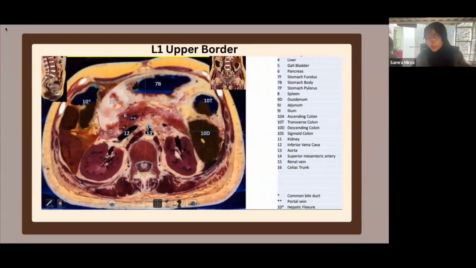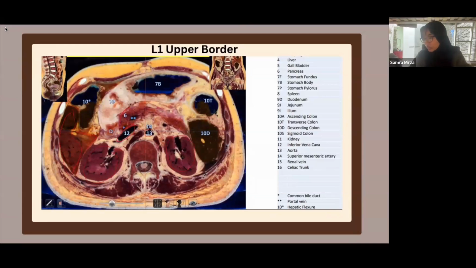Next, we're going to L1, the upper border. The first thing you want to note compared to T12 is that the liver has gotten significantly smaller. So that's what can set you apart from the thoracic and the lumbar parts. As you can see here, we have our liver, not that distinct. And we still have our kidneys. We have our inferior vena cava, our aorta.